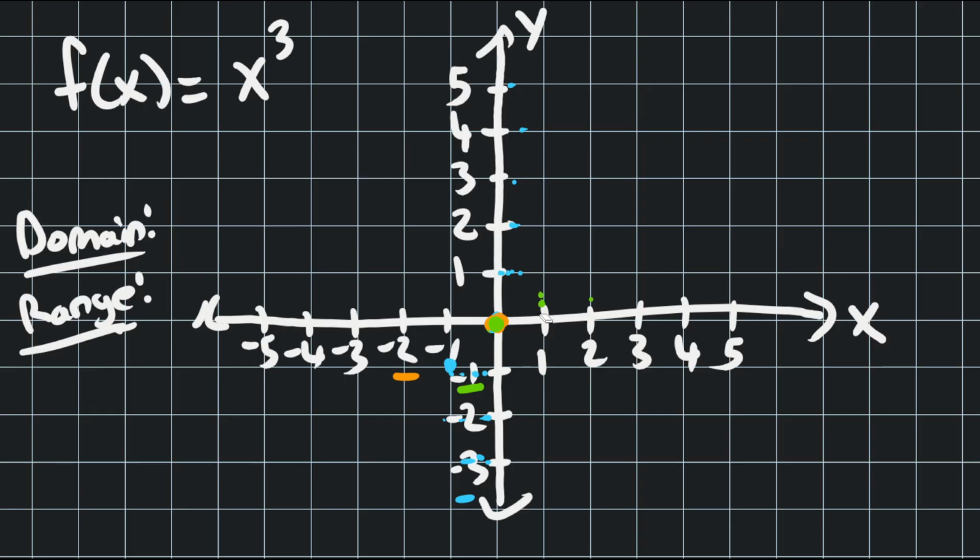So it is drawn like this, so 1, 1, 2, 8, which is all the way up there, 0, 0, -1, -1, -2, -8. So it's shaped like this. F of x equals x squared, f of x equals x cubed.